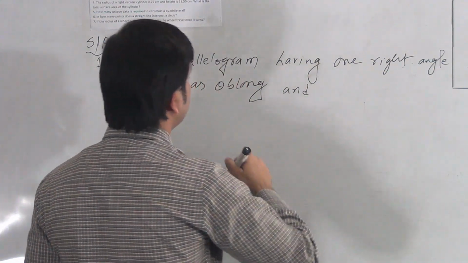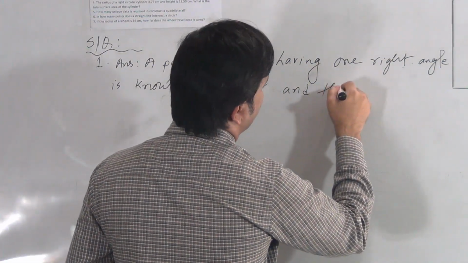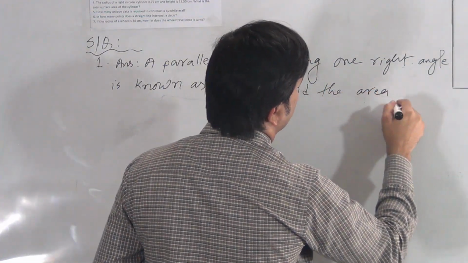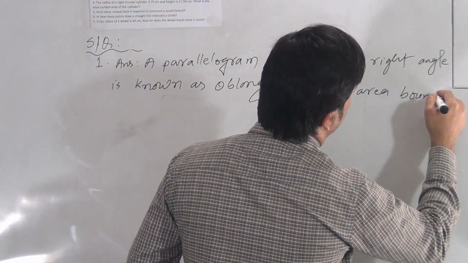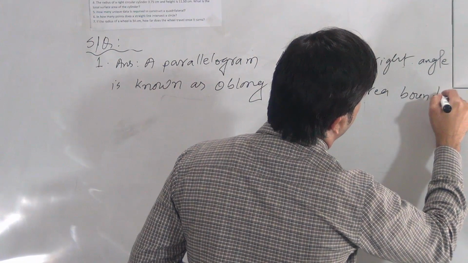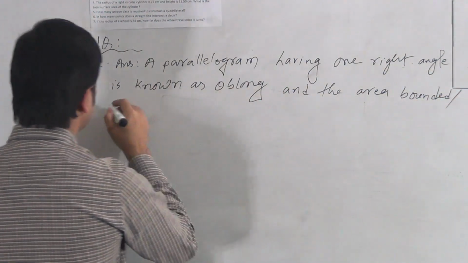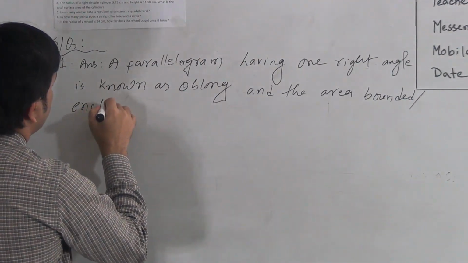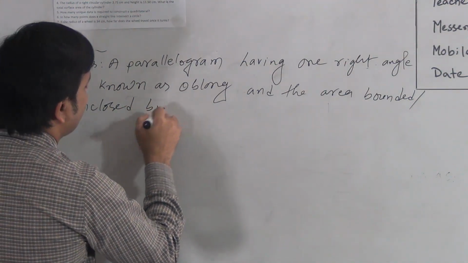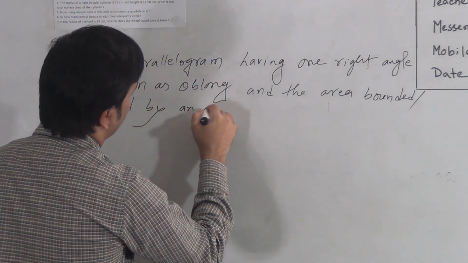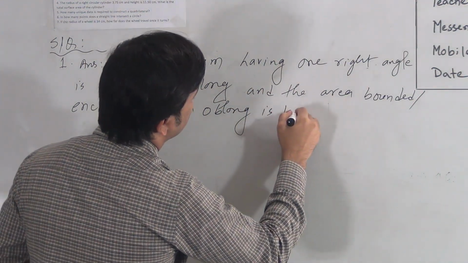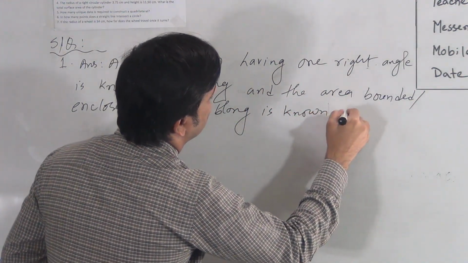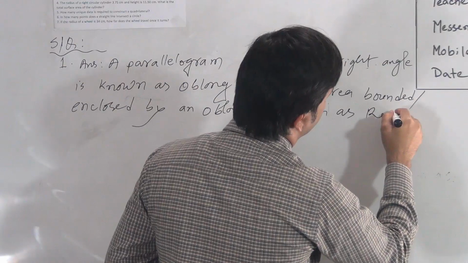And the area bounded or enclosed by an oblong is known as rectangle.